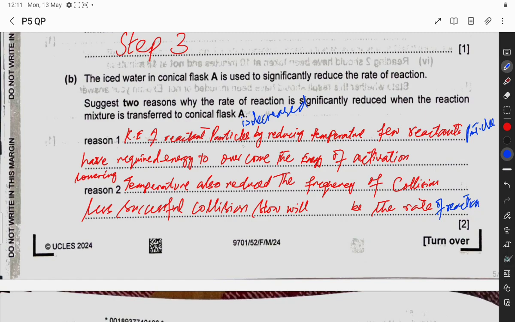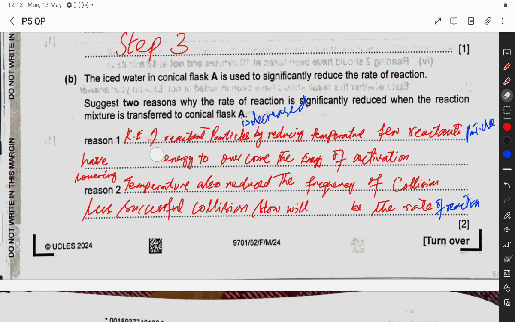Because in flask A iced water is there, so that's why it reduced the temperature, and by reducing the temperature the kinetic energy of the reactant particles is also decreased, and there are few particles which have enough energy to overcome the energy of activation.